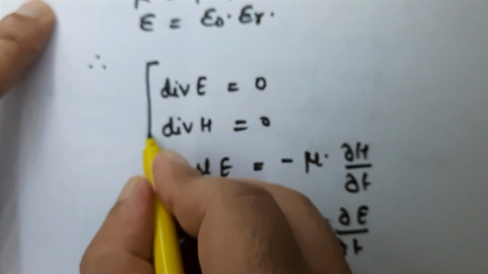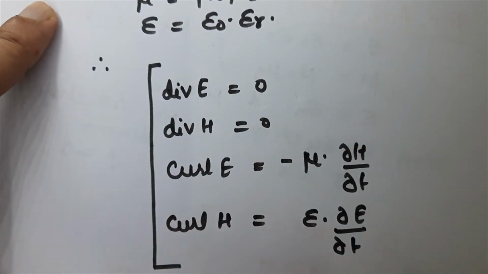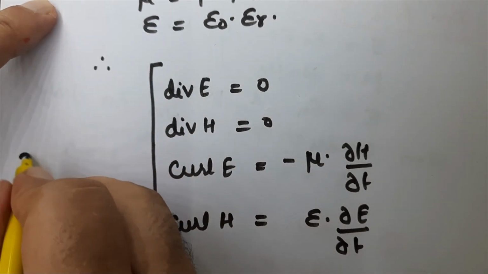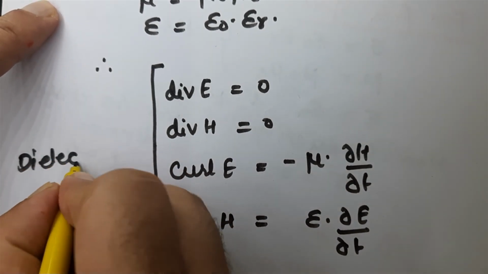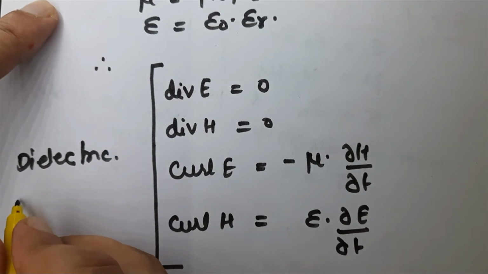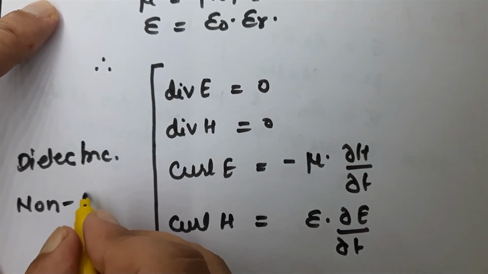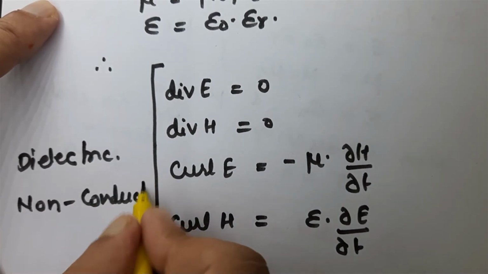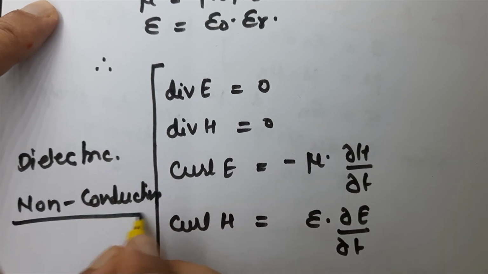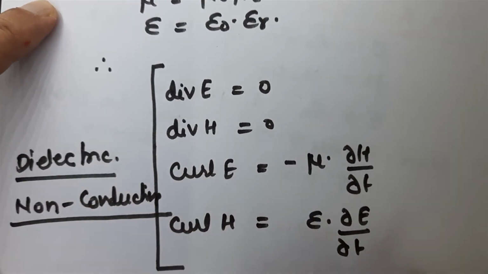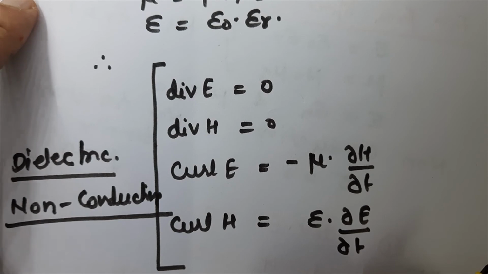So these are the form of Maxwell equations for a medium which is dielectric, or you can say non-conducting.